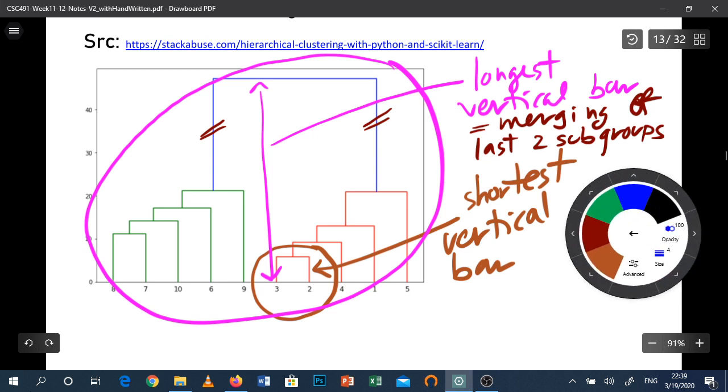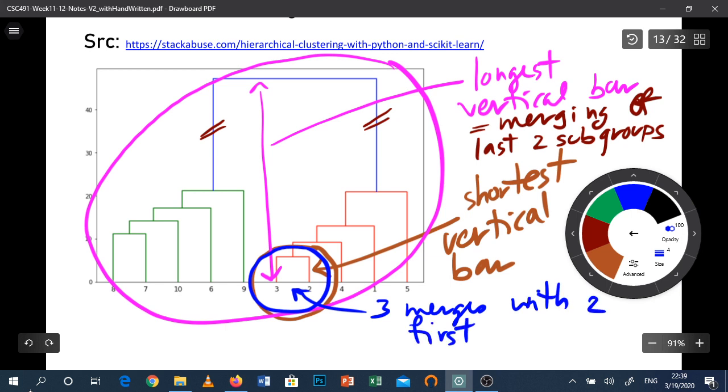At the same time, if you look at this first shortest vertical bar, it means 3 merges with 2 first.